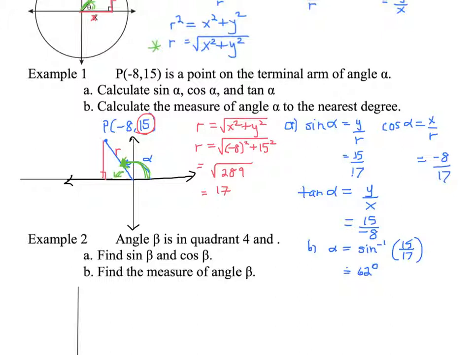So let's see if we could write that down. We'll say, but alpha is in quadrant 2. And what I mean by that is the terminal arm for alpha is in quadrant 2. Just a shorter way of saying that is that alpha is in quadrant 2. So 62 degrees is the reference angle.